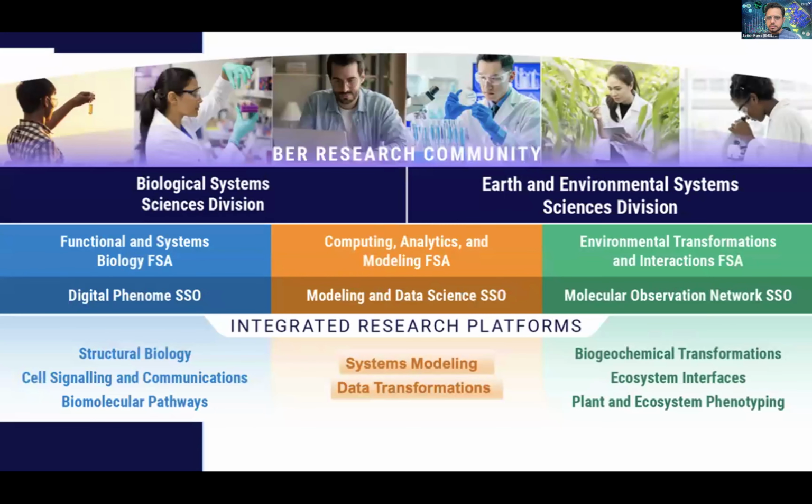So the BER research community has two divisions, as we know: biological systems sciences and earth and environmental system sciences. And EMSL is structured to reflect this, but has one key difference. So there's one science area that corresponds directly to each of those BER areas, but there's an additional third one that is computing, analytics, and modeling.